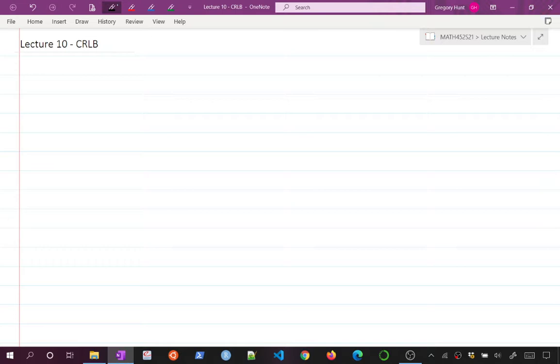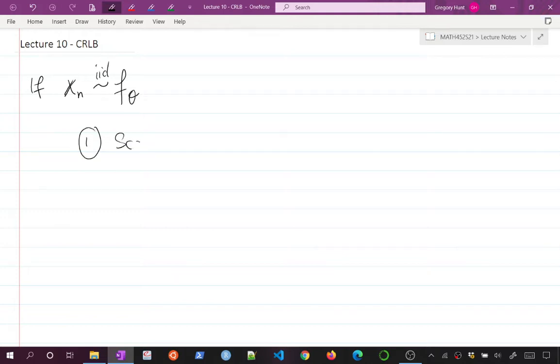Our setup was, of course, our famous setup: we have some random sample from some distribution parameterized by a parameter theta. And we had a couple different new pieces of notation, so we should just do a real quick recap.